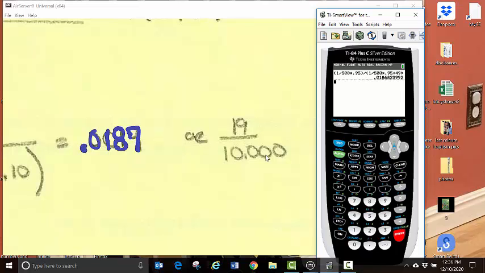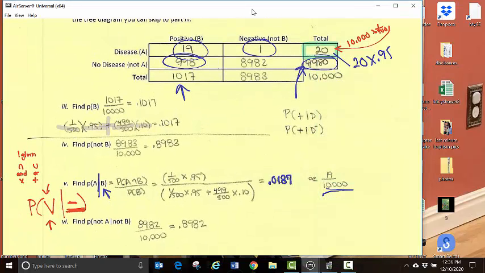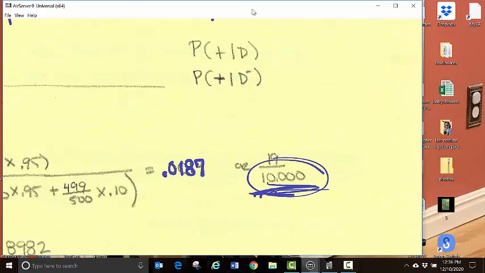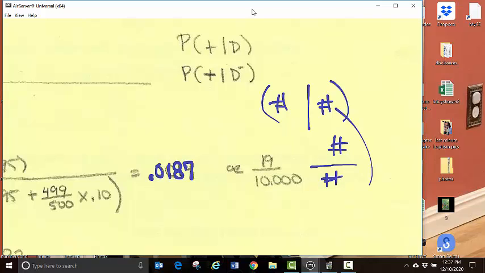And then now let's use, this is how I knew it was wrong. I could immediately tell that this was wrong because you only use this bottom number if it's like the probability of virus or the probability of positive. The minute there's a given, my denominator is going to change to that given. Think about this being a fraction on its side, and this just becomes the denominator amount.